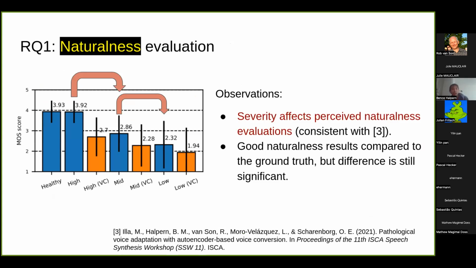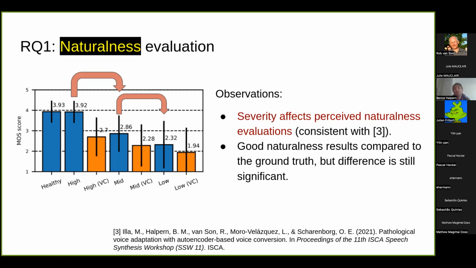So in the naturalness evaluations, consistent with our previous results, we still found that during the mean opinion score evaluations, if the listeners are presented with more severe or less intelligible examples of the speakers, even in the ground truth case, they rated them as less natural. So that seems to be a general phenomenon when rating pathological speech utterances.